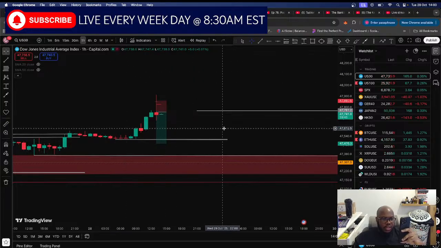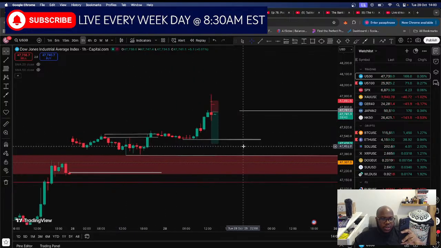If it does, we could still see the type of trade that we're looking for. But it would somewhat need to be a violent decline from here.